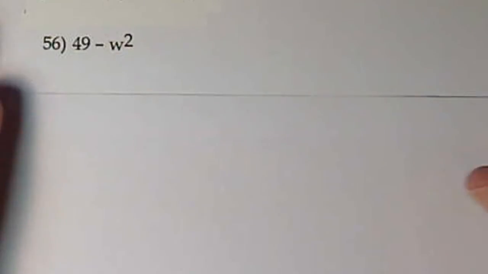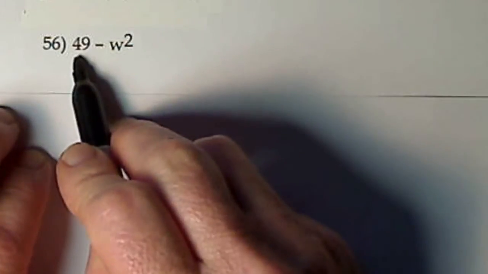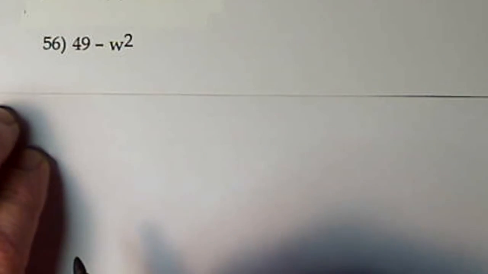Okay, so number 56. Number one on the list, GCF. Is there a GCF? No. Number two on the list, do you have two terms? Yes. Then that refers you to ask, do you have a difference of squares? And the answer to that is yes. You have a difference, that's a perfect square, and that's a perfect square.